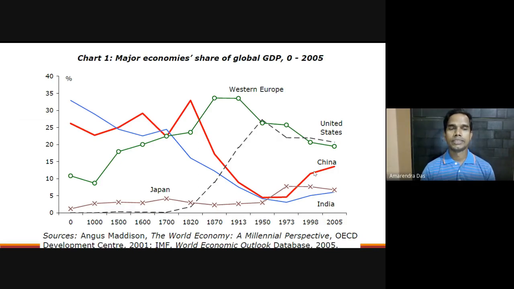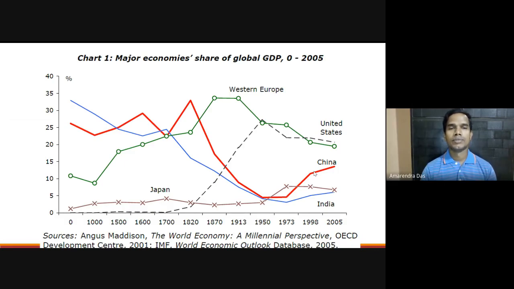What you see is that in the beginning, at 0 AD or 1 AD, India's share in the world GDP was more than 33 percent, and that continuously declined.